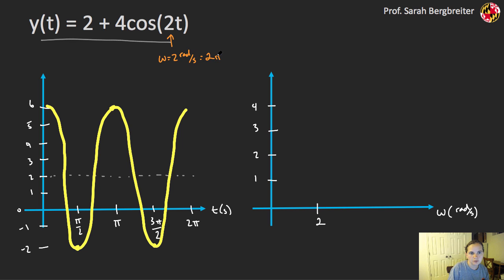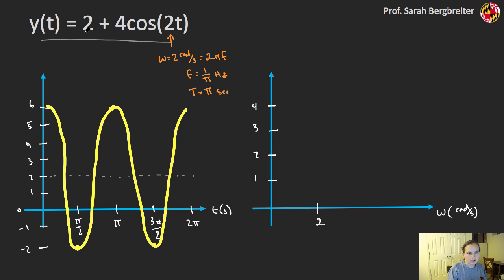This is equal to 2 pi f, which tells me that f is equal to 1 over pi hertz. And that tells me that my period, the inverse of my frequency, is going to be pi seconds. And so I've sketched out my time axis in terms of pi, and I've drawn my period such that the period of this cosine is pi.